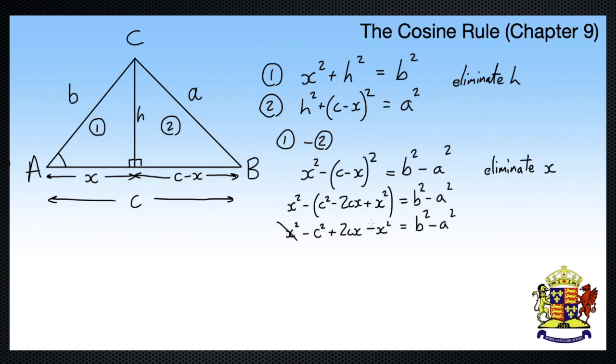I can then cancel the x squareds and I end up with 2cx subtract c squared equals b squared minus a squared. Now I'm going to rearrange this again. I'm going to make it a squared to start with. So we have a squared equals b squared plus c squared minus 2cx.